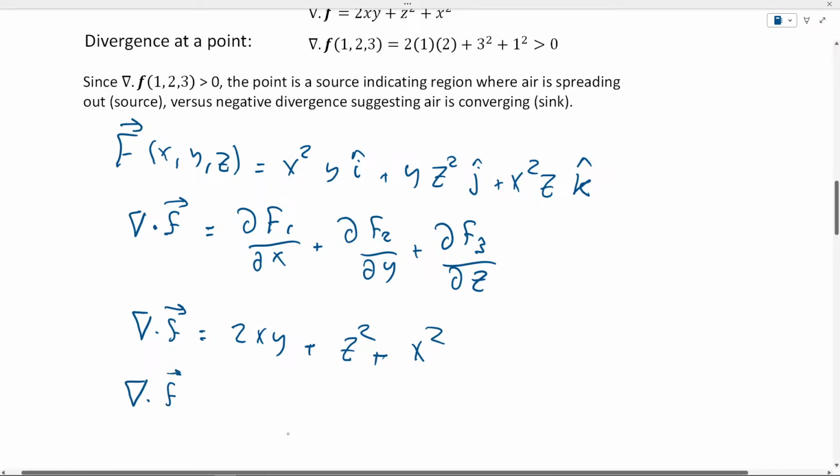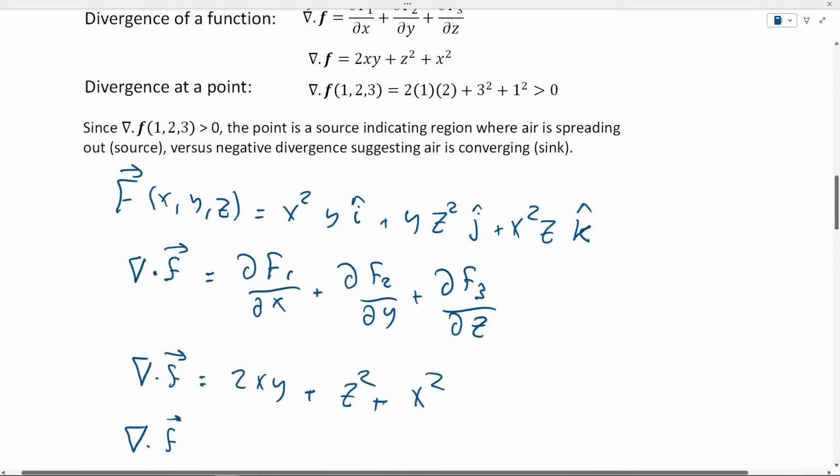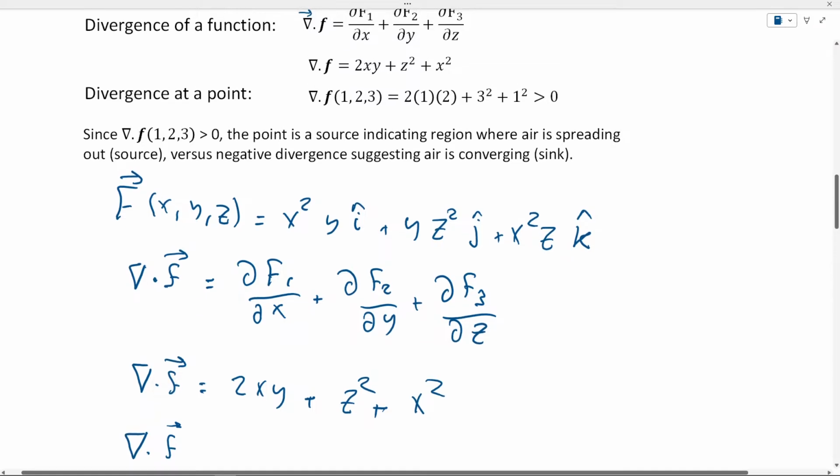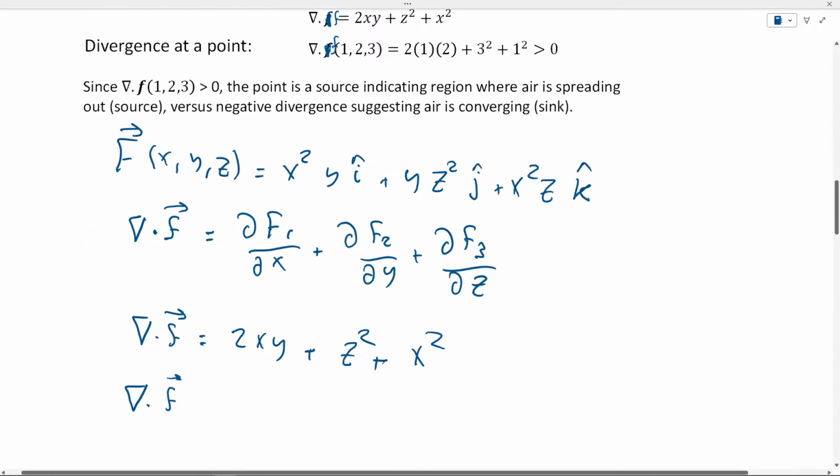Okay, this is a typo here. This is a mistake, this is a scalar, this is not a vector. Again, there's a mistake here. No, actually, this is correct, because this is a divergence of a vector function.